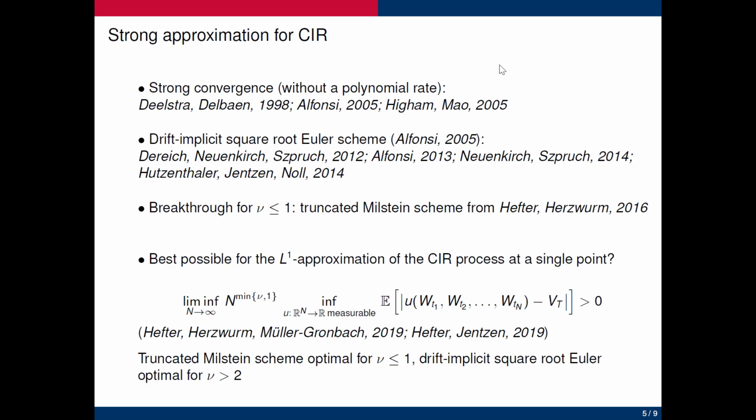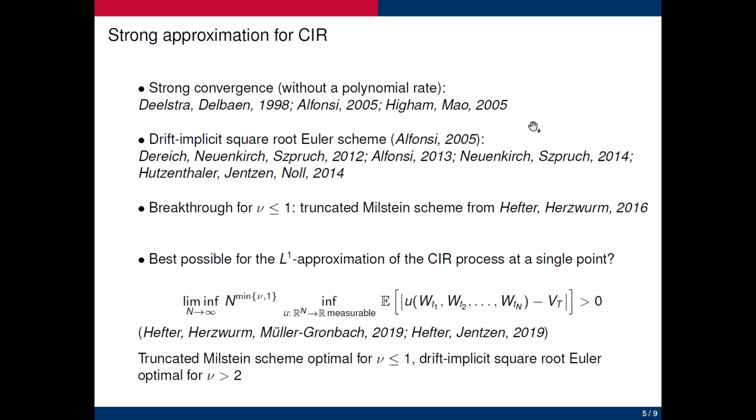In the literature, there exist several articles that analyze the strong convergence of discretization schemes for the CIR process. In earlier papers, strong convergence without a polynomial rate was proven for several schemes, which also include some of the previously presented Euler schemes. A lot of research was carried out for the so-called drift-implicit square root Euler scheme, which first appeared in a paper by Alfonsi in 2005.